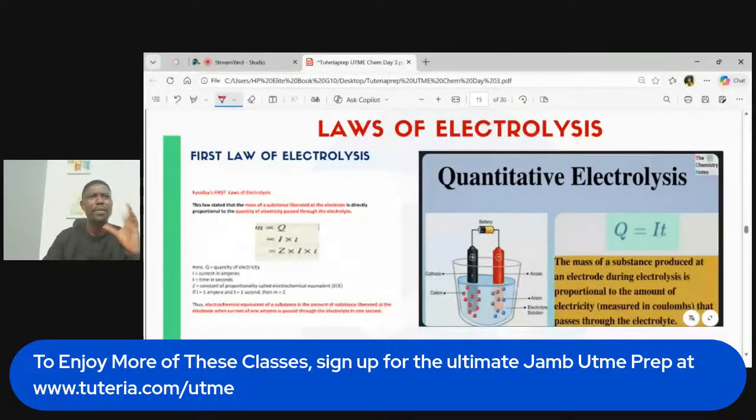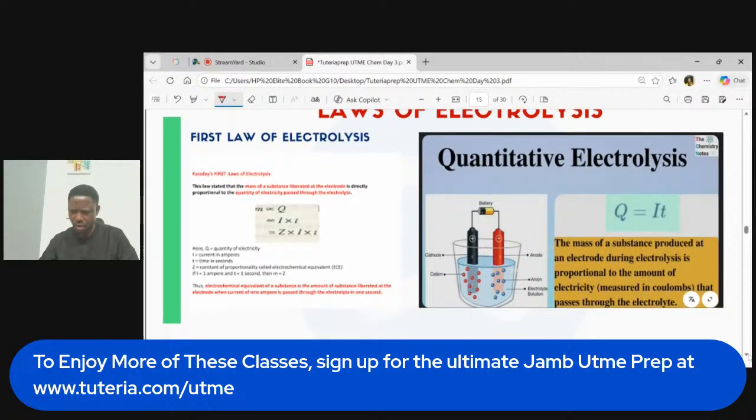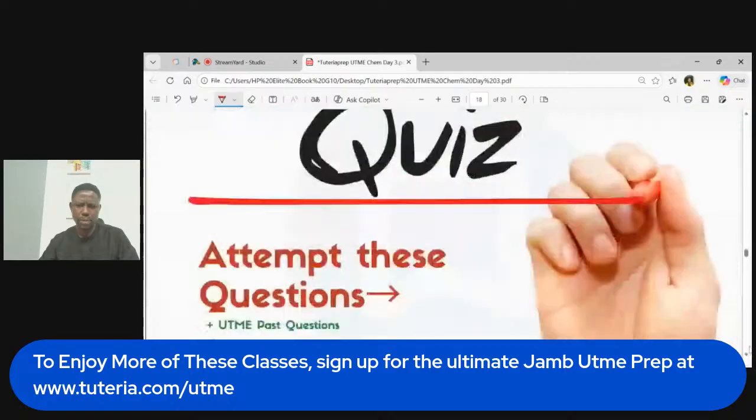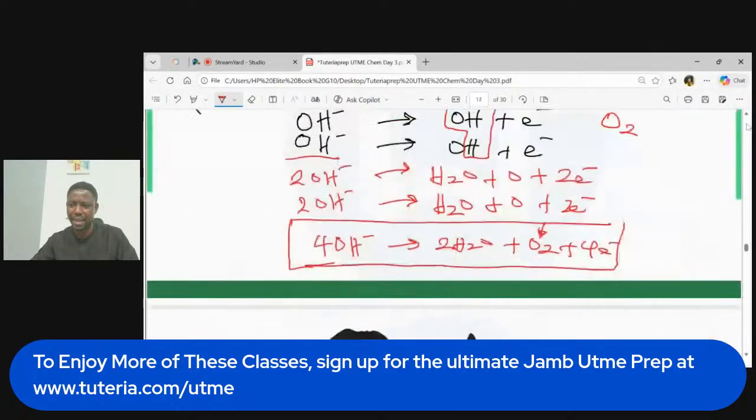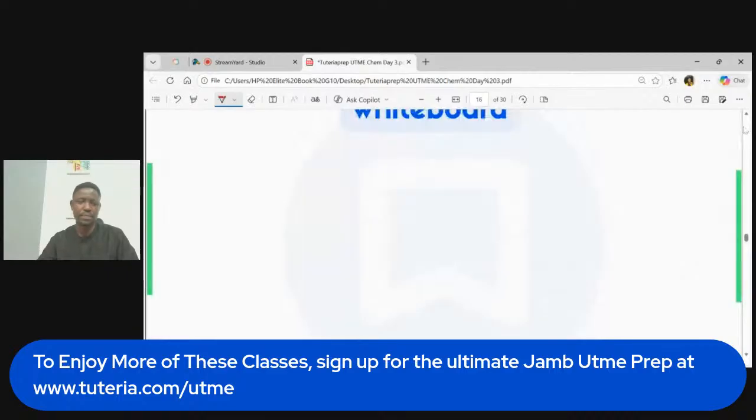I'm going to give you a formula that works wonders. It solves almost all your problems in the calculation of electrolysis. You're going to see it with a JAMB example in the next 10 minutes. I want to believe that we are ready now, so let's get our pen and calculator ready so that we can quickly do that.